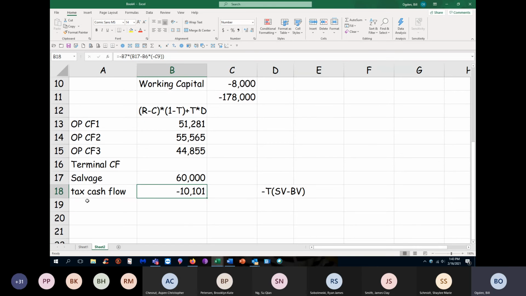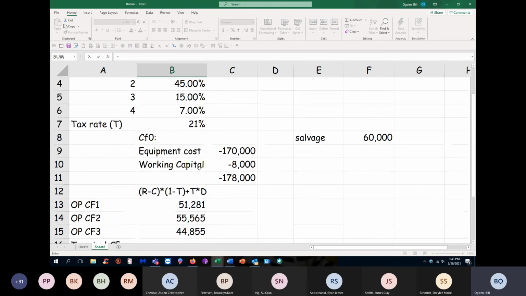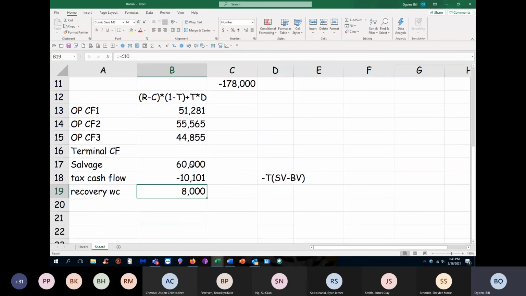All right, and then let's do the working capital, recovery of working capital. So basically just flip the sign on it. You invested 8,000, now you'll recapture 8,000. I just add these together and I have my terminal cash flow.